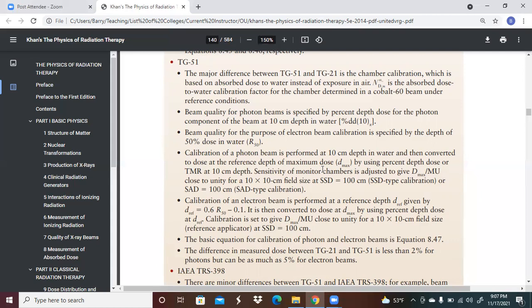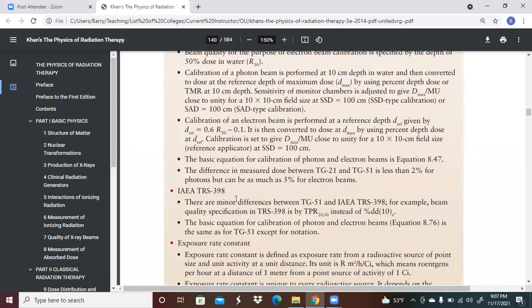Now, the sensitivity of the monitor chambers is going to be adjusted to give the Dmax divided by MU. They're going to want that to be close to unity for a 10 by 10 field at an SSD of 100 centimeters, or an SAD of 100 centimeters, depending on which type of calibration you want to go with. That's their goal, is to be able to get this as close to 1 as possible.